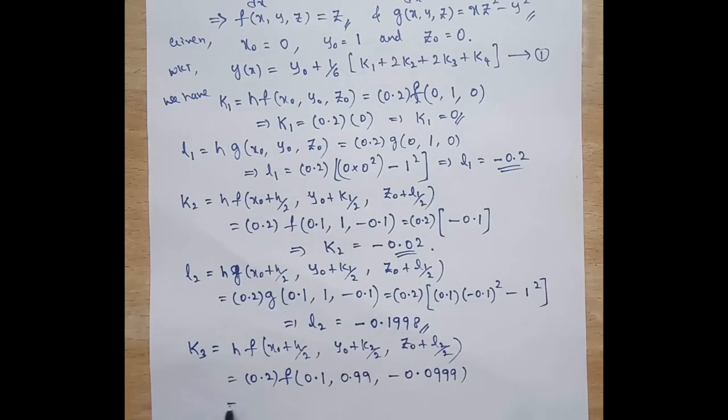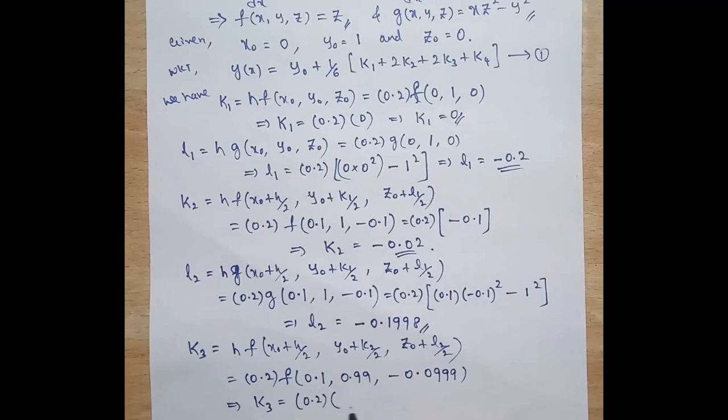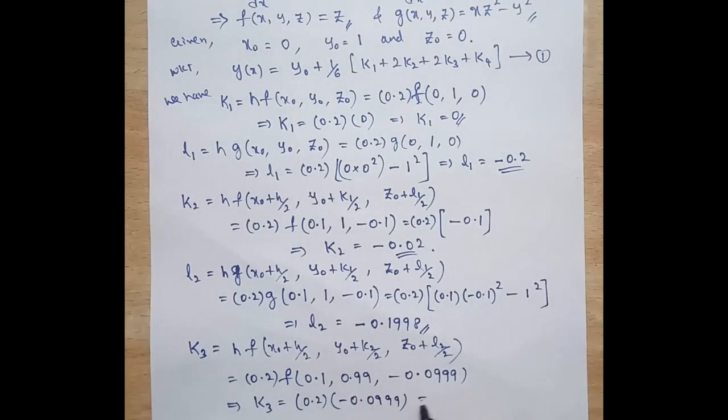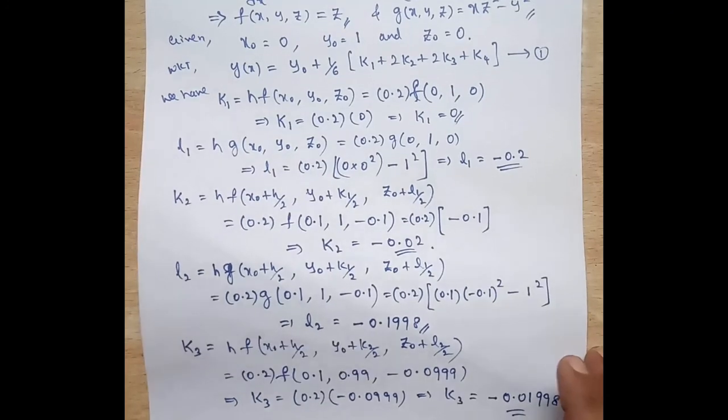This implies K3 equals 0.2 into F, and you know F is nothing but Z. The value of Z here is minus 0.0999. So simplify this, we get the value of K3. For this problem, K3 is minus 0.01998. So this is the value of K3 we get.